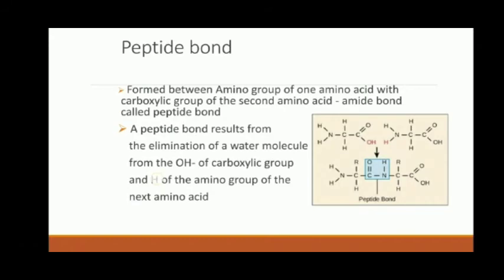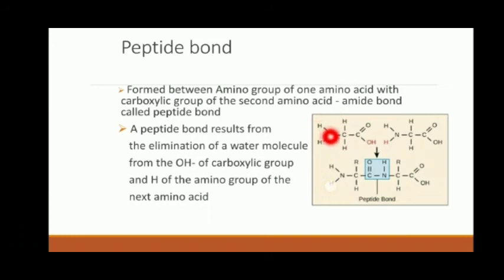Okay. So how is a peptide bond formed? As I told you, the peptide bond is formed between two amino acids. It is formed between the amino group of one amino acid and the carboxylic group of another amino acid. How is this formed? Here this is one amino acid.